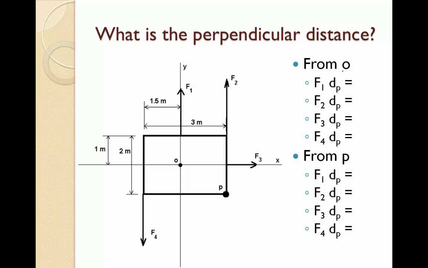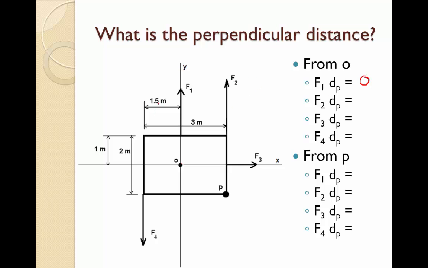So first of all, from point O, F1's perpendicular distance to point O. Well, you'll notice that F1 passes through point O, therefore it has a 0 perpendicular distance. Now that doesn't mean that the force is 0, but that does mean the moment produced by that force would be 0. If we looked at point O, F1 applied to point O would produce no tendency to rotate.